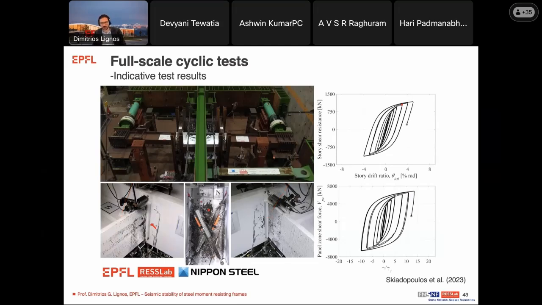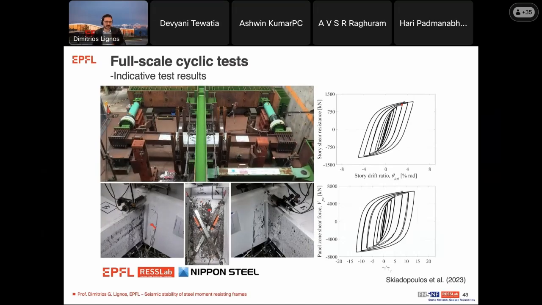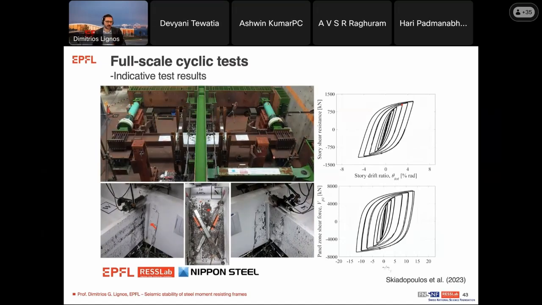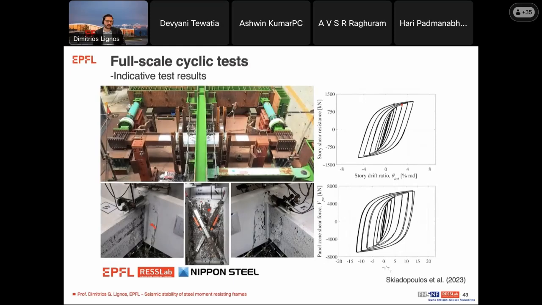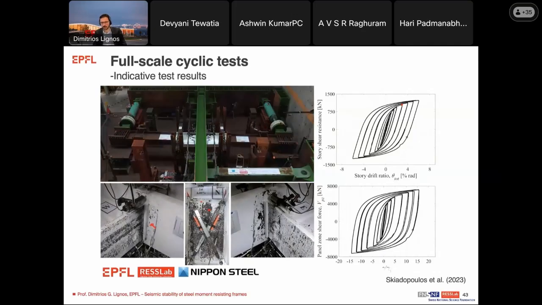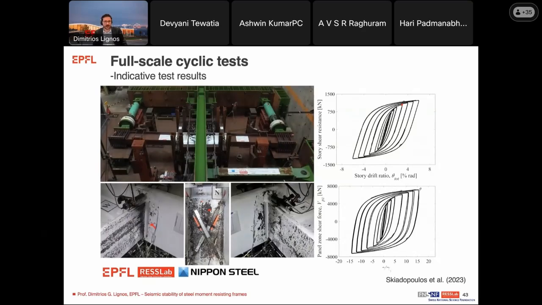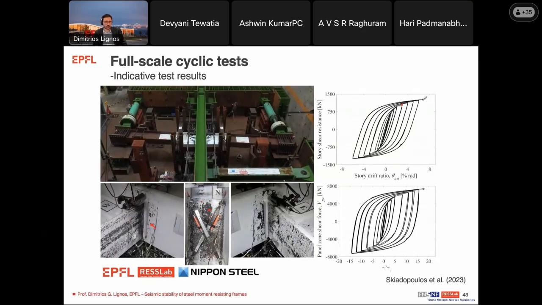So if we keep loading this, in fact, we can accommodate excessive inelastic deformations in the panel zone that far exceed the limit that we anticipate according to design, which is 4 gamma Y. Notice here that we are already at 15 gamma Y, and the joint itself shows superior performance even at 6% or 7% drift.